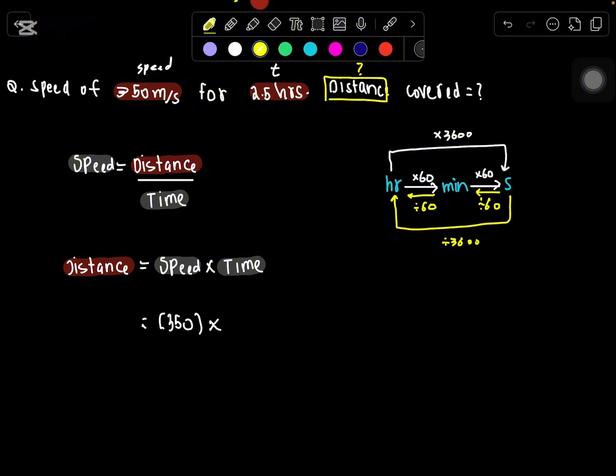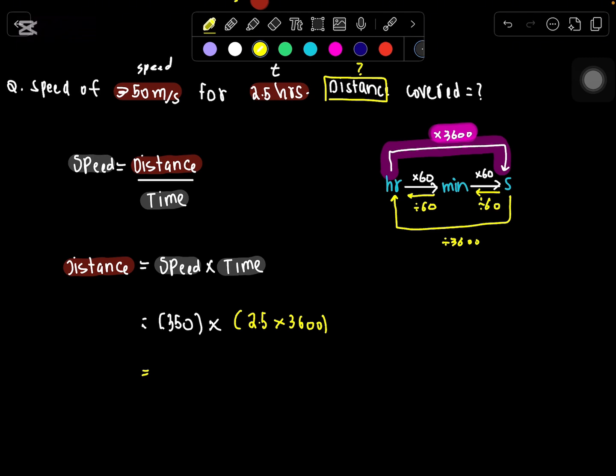Okay, so your time was 2.5 hours, and to go from hours to seconds, you multiply it by 3,600. So 2.5 into 3,600. Now grab your calculators and let's see what we get. 350 into 2.5 into 3,600.